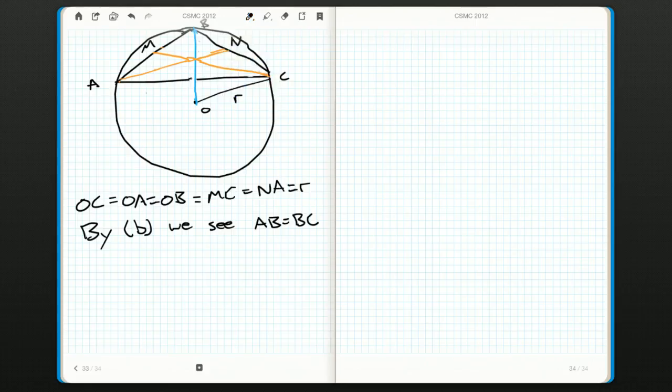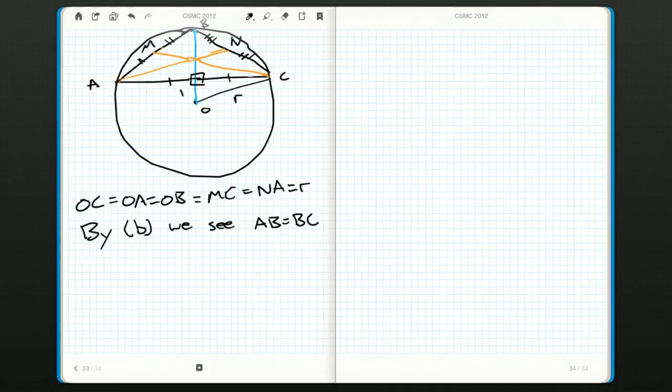So I'm going to draw this in, and then I'm going to explain it by writing it down. But I know that there lies a point somewhere on the circle that splits the chord, so that O to that point splits the chord AC in half. These are medians, so that should be added in. But I also know that B to AC also splits it in half, so this point has to be the same.